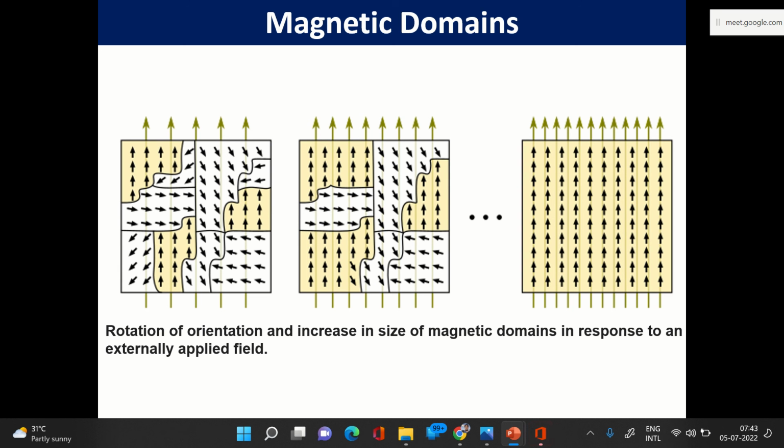Suppose you are gradually increasing the value, from this side to this side, H increases. The applied magnetic field, H, is what? The applied magnetic field, and you are increasing this.